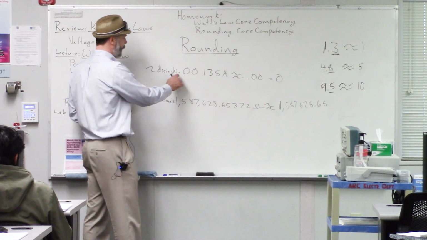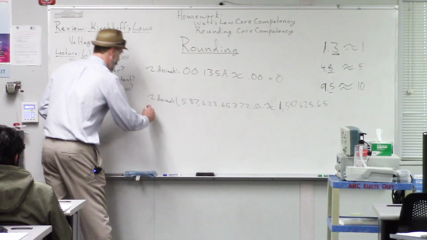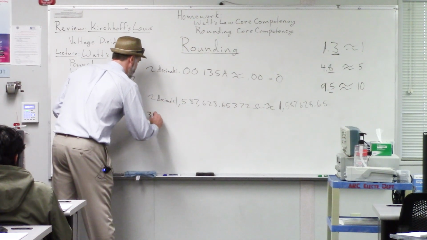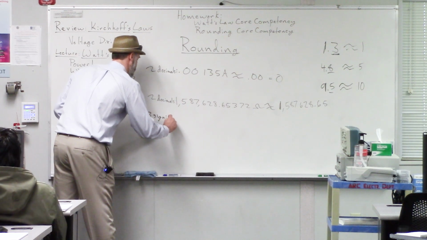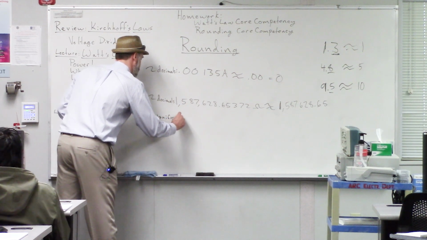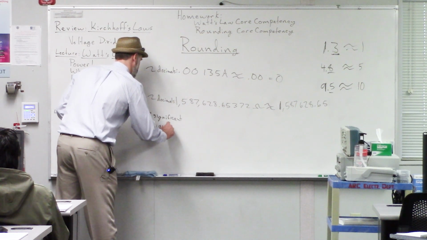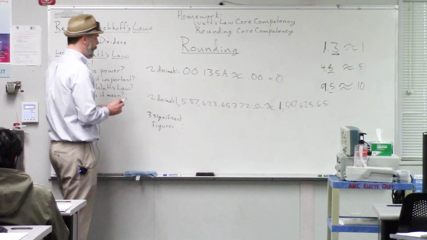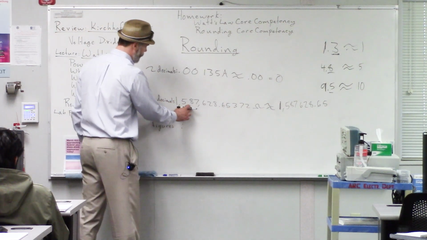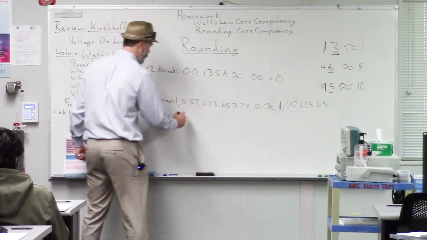If you're talking about a decimal, so let's look at 3 significant figures here. Okay, so in this case, that would be the first 3 numbers. So then we would look at the 4th number and decide whether we round that up or down.